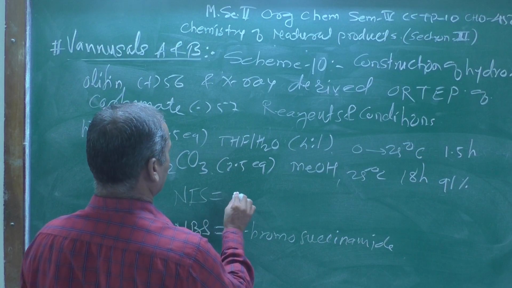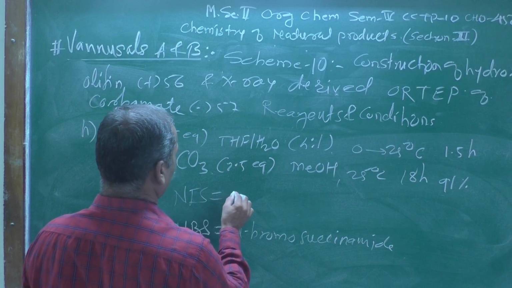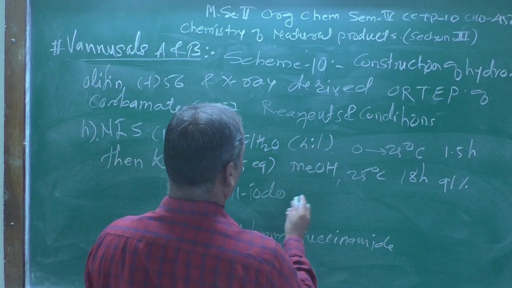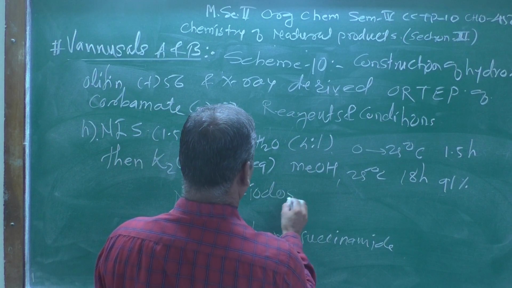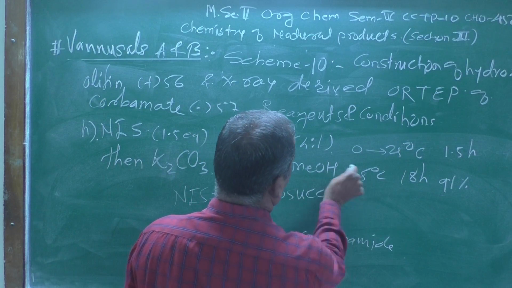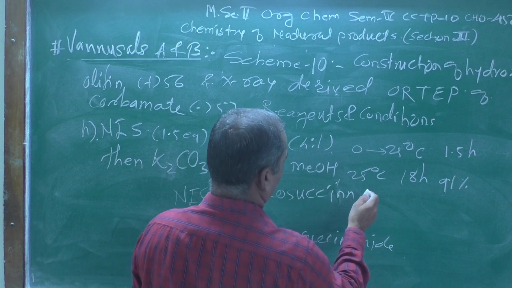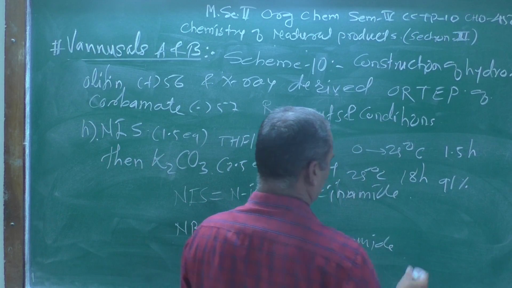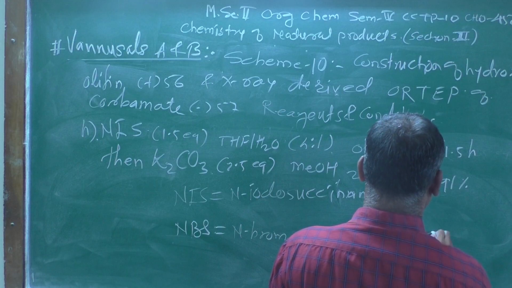Similarly, NIS, instead of B there is I, so N-iodosuccinamide. The structure is very similar.